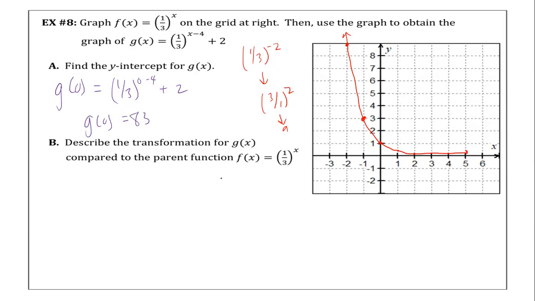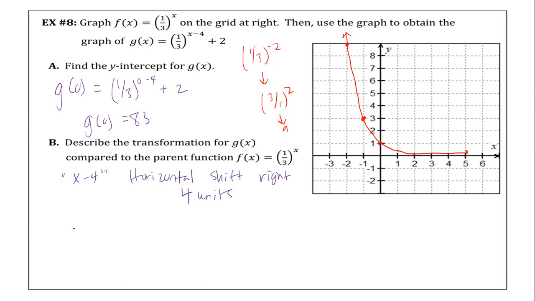Now, looking at it as far as transformation, what's taking place? So we have 1/3 to the x minus 4 plus 2. The x minus 4 is telling me that I'm shifting all of the points on my parent function to the right. That is a horizontal shift, 4 units.